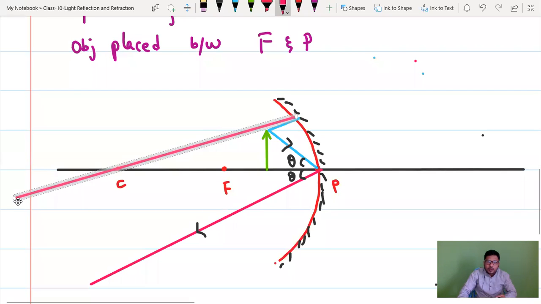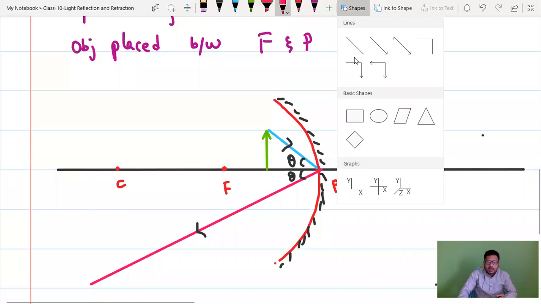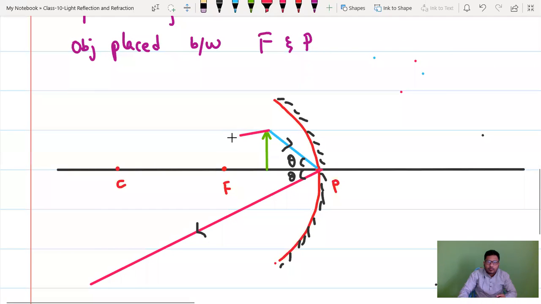So here let us change the incident ray. Let it be like this. Okay, we'll draw the C thing first. Let us consider it is passing through C like this.